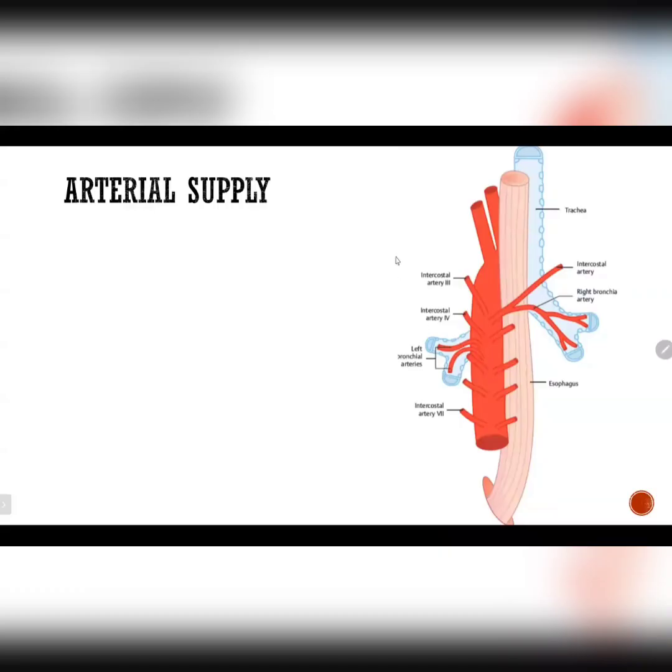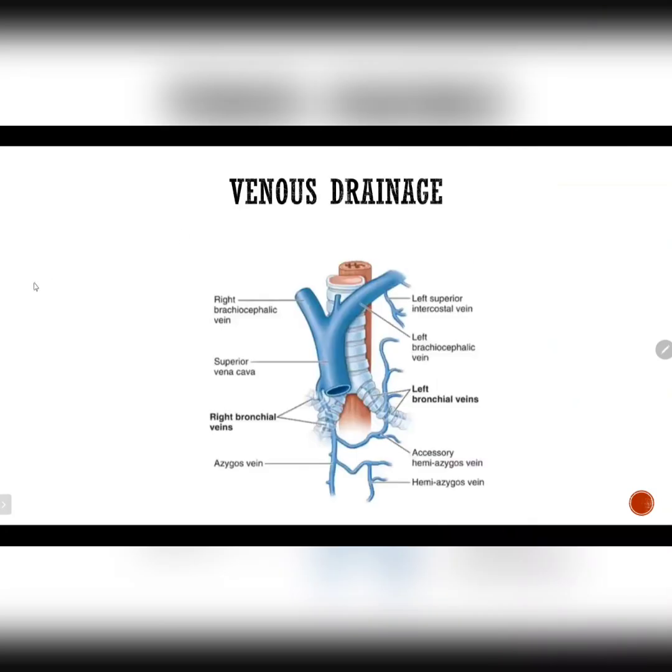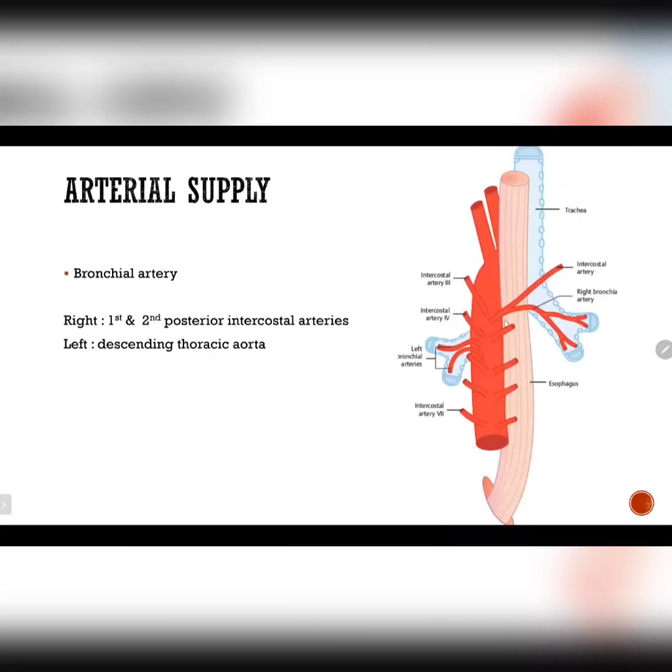They are a branch of the aortic arch, or more specifically, the descending thoracic aorta. Very good. The right bronchial artery is more specifically from the first and second posterior intercostal arteries, whereas the left bronchial artery is a branch of the descending thoracic aorta.